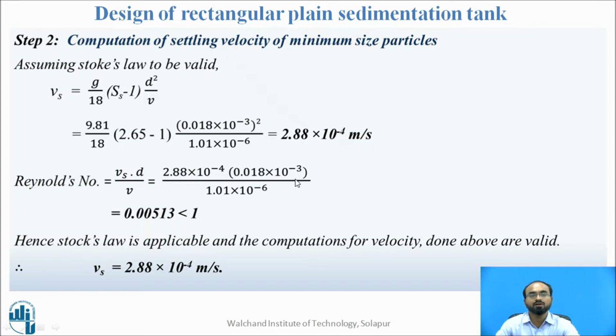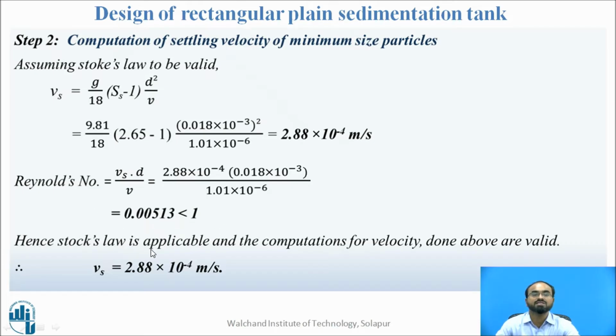Now you have to go for Reynolds number, that is Vs multiplied by d by nu. So it will be 2.88 into 10 raised to minus 4, the velocity which you had calculated, multiplied by 0.018 into 10 raised to minus 3 divided by 1.01 into 10 raised to minus 6, which comes about 0.00513, which is lesser than 1.